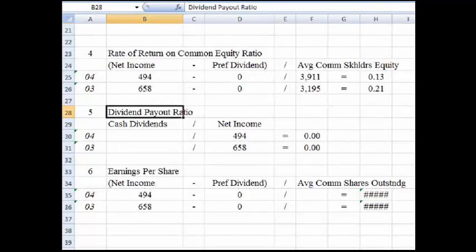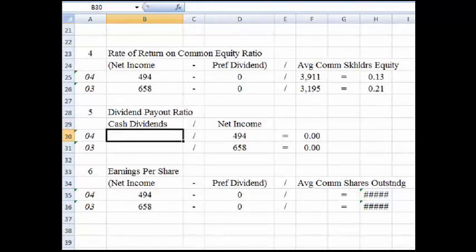Ratio number 5 is a dividend payout ratio. This is still one of the profitability ratios and indicates how much of the net income is being paid to stockholders in cash dividends. As you can see on your screen, this is a simple ratio. The numbers needed to complete this ratio start with dividends paid, which is listed below the income statement in the additional information section in the problem.